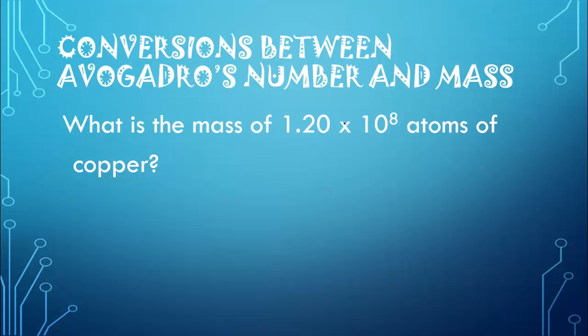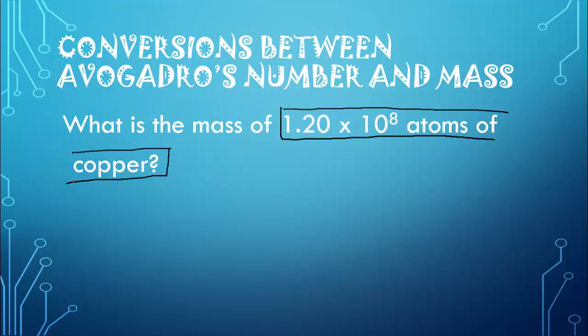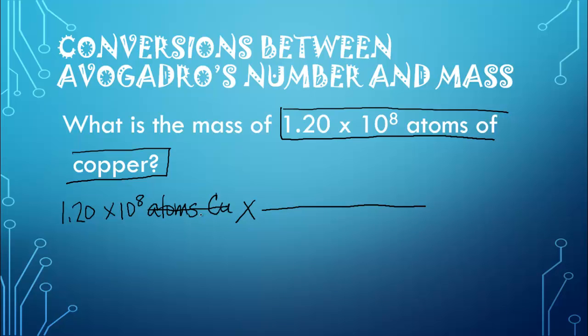So what is the mass of 1.20 times 10 to the 8th atoms of copper? This is our given. That's where we're going to start. So 1.20 times 10 to the 8th atoms of copper. And we're going to times a line, getting rid of atoms of copper on bottom.